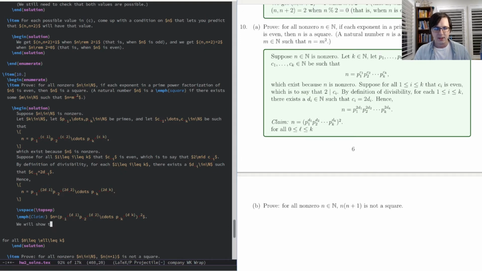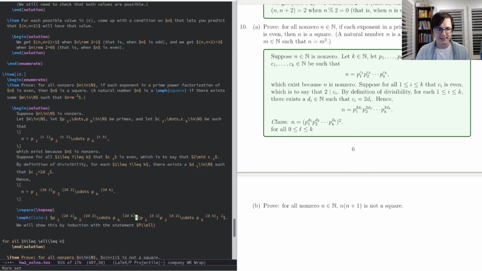Okay. We will show this by induction with the statement P of L. Okay. I want to actually say this so that I can set my induction up. I don't want n in this.